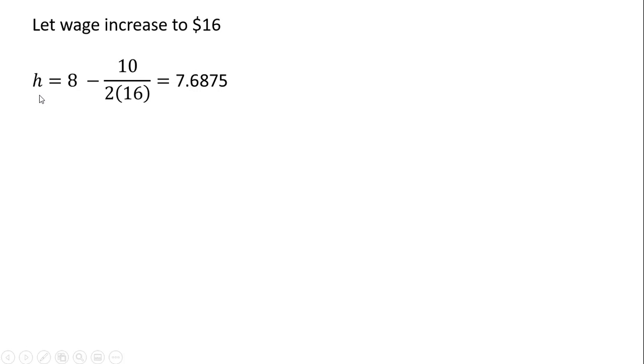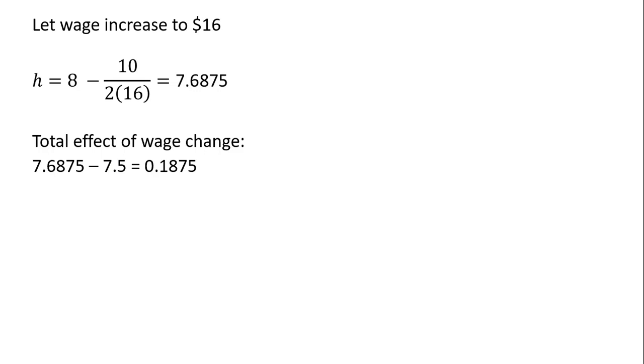We take our ordinary labor supply equation and evaluate it where W equals 16, and the consumer will now work 7.6875 hours. So the total effect of the wage change on hours of work: before, the consumer is working 7.5 hours, now a little bit more. So the total effect on hours of work from the wage increase is almost 0.2 hours more work.